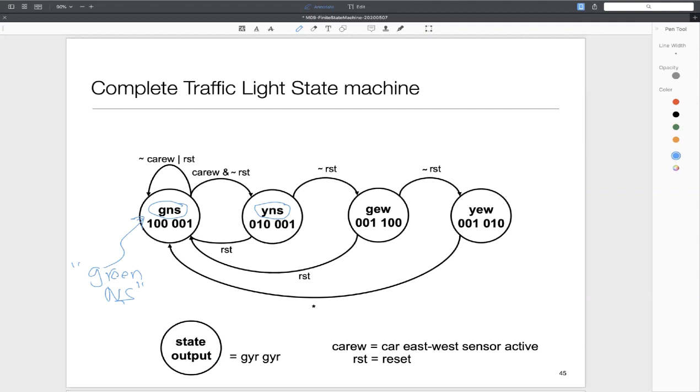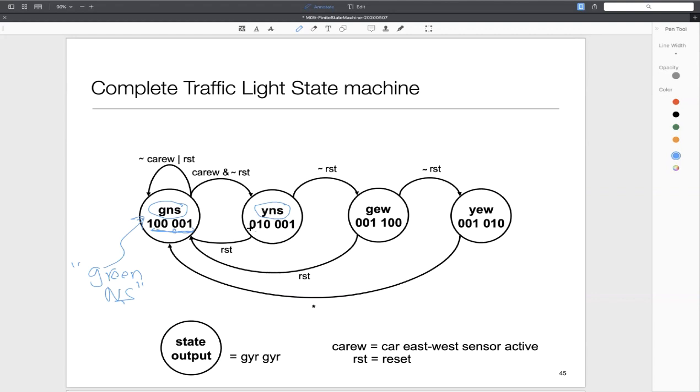Okay, so 4 states. And once I have those states, the status of lights is clearly decided at this point. If I have green, north, south, then east, west has to be red. So that means my output will look like this: 1 0 0 for green, north, south, and 0 0 1 is the red for east, west.